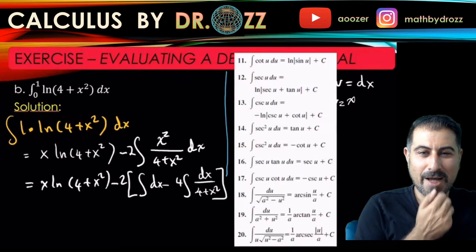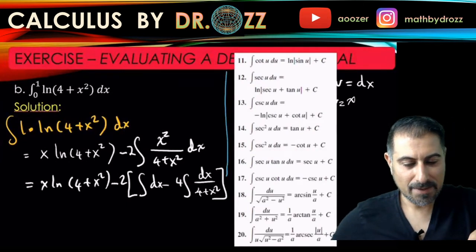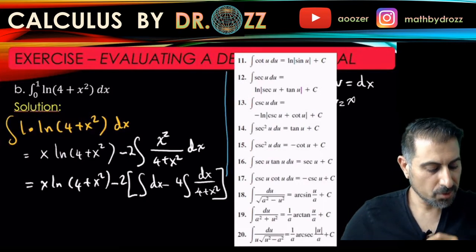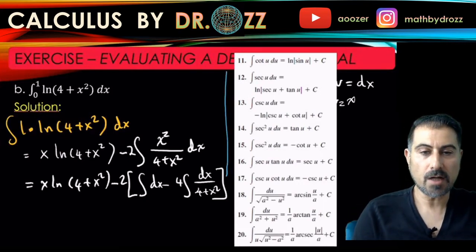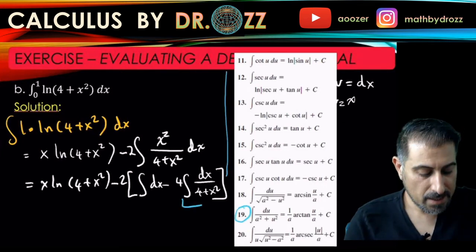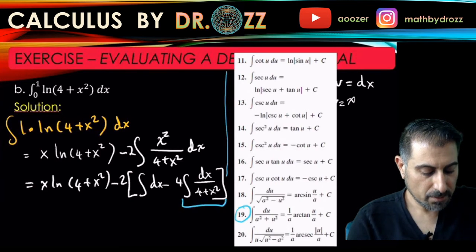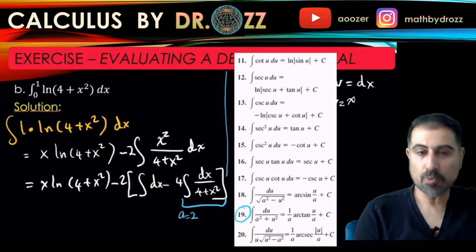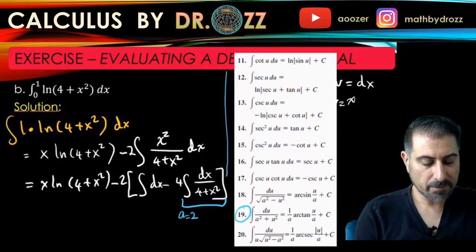All right, at this moment, I want you to recall this formula here, du over a squared plus u squared. It's number 19, to evaluate this integral. So a is 2 here, right? 2 squared is 4, so 4 plus x squared. This is integrated as follows.